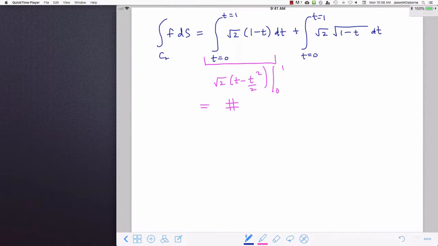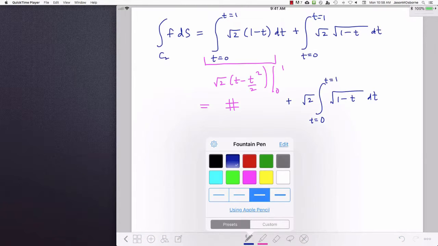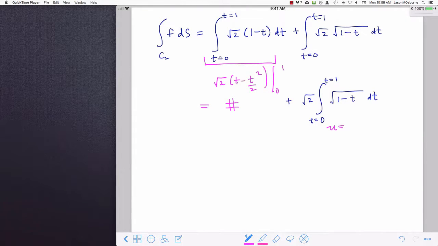Second integral: plus the square root of 2 times the integral from t equals 0 to t equals 1 of square root of 1 minus t dt. Again, this is a u substitution integral. Let u equal 1 minus t. du is equal to negative 1 dt.